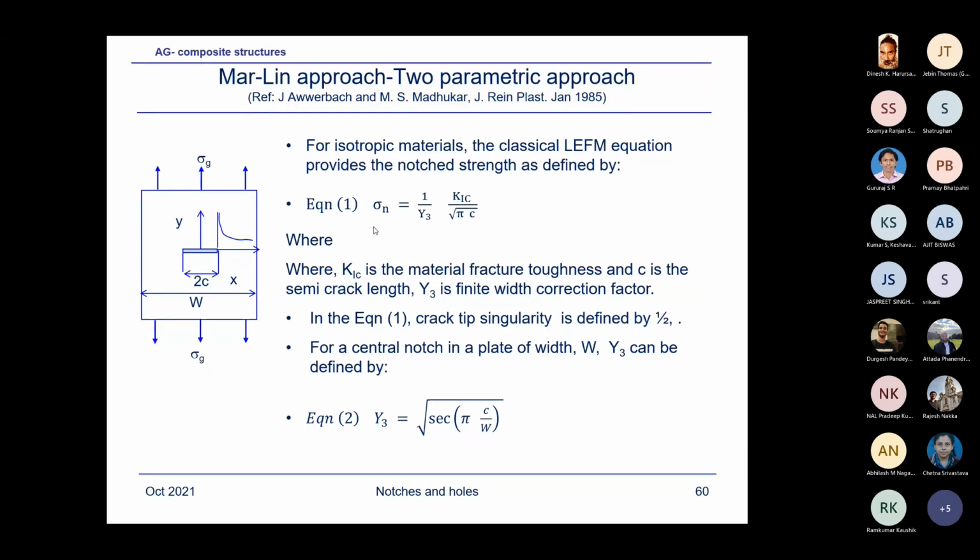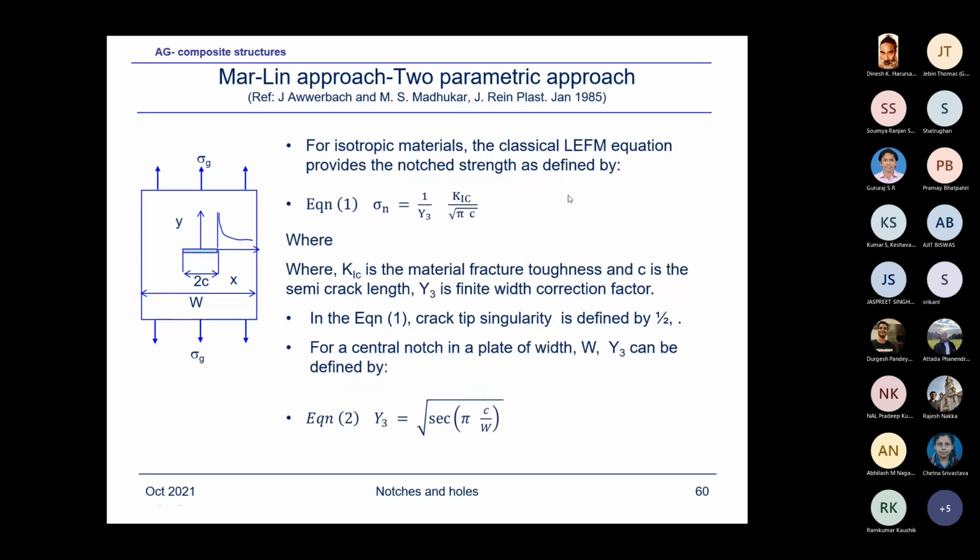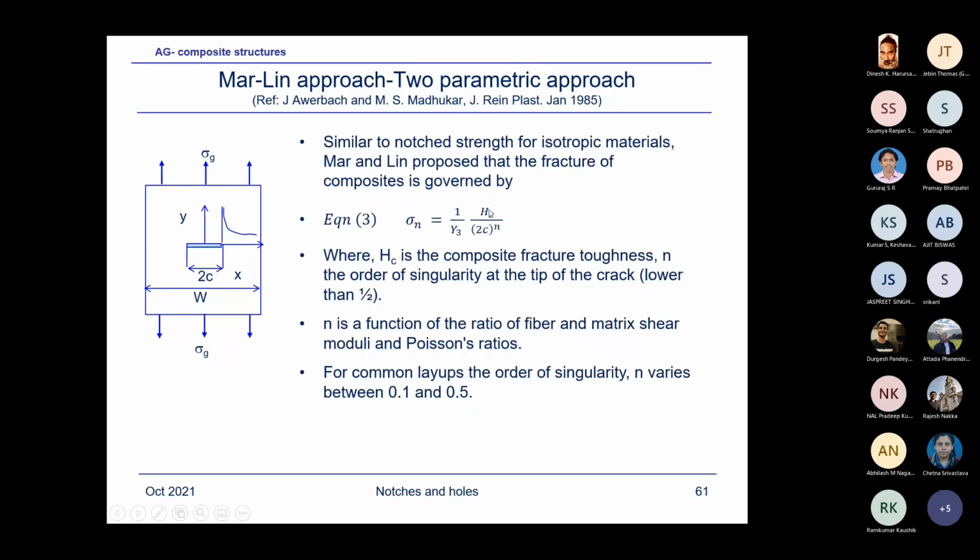So they proposed the criterion for composites that the strength can be governed by sigma n equal to 1 upon Y, the configuration factor, we don't worry about it, times Hc, the term similar to this Kc, divided by 2C to the power n instead of pi, because pi doesn't make sense.